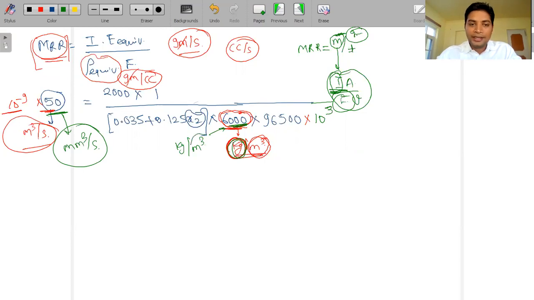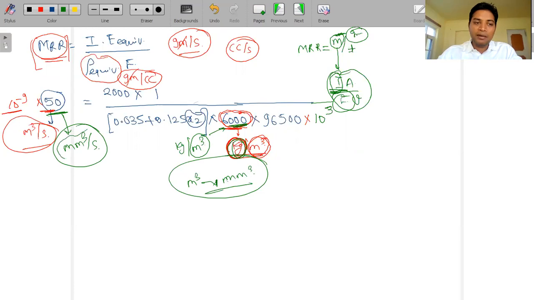Either you can convert this meter cube into mm cube, or you can convert this mm cube into meter cube. I have just multiplied 10 raised to power minus 3, raised to 3, so this becomes 10 raised to power minus 9, and that becomes meter cube per second on the left hand side.